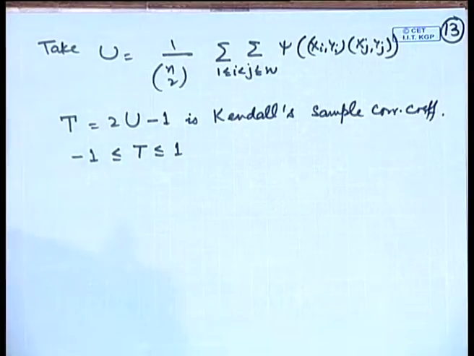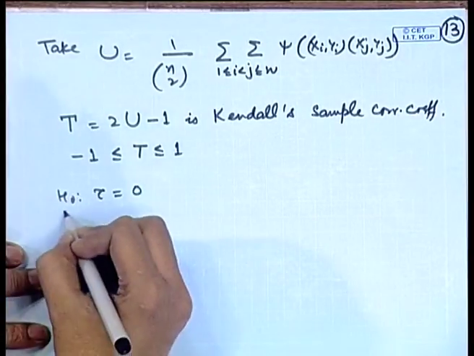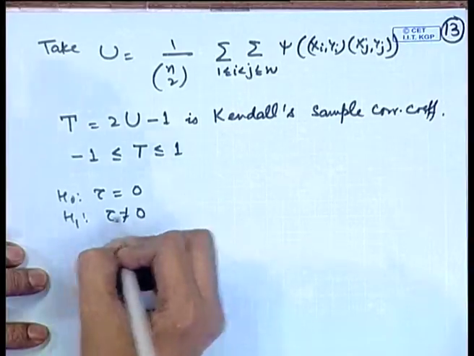Of course, one may like to carry out a test of hypothesis whether this theoretical measure of association tau is 0, that is H0: tau equal to 0 against tau not equal to 0.